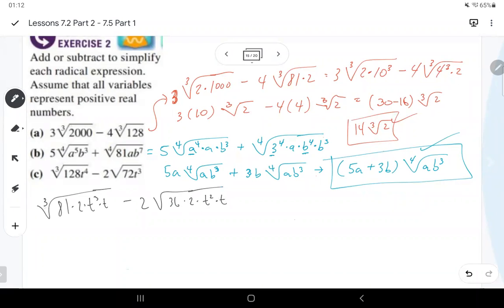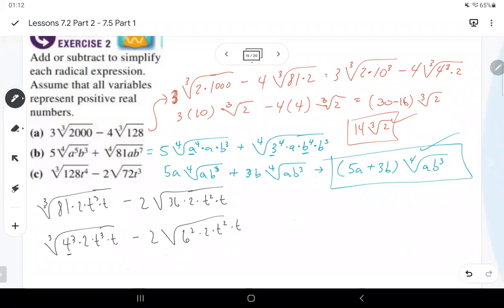Pay attention because we have an index of 3 and an index of 2. So those do not match. What we're going to end up finding out is that we have the same radicand, but that the radicals themselves are different because of the indexes, and we're not going to be able to continue with it, but we will still work it all out.